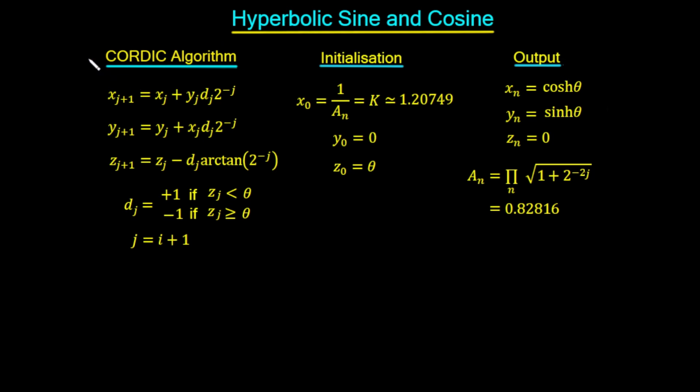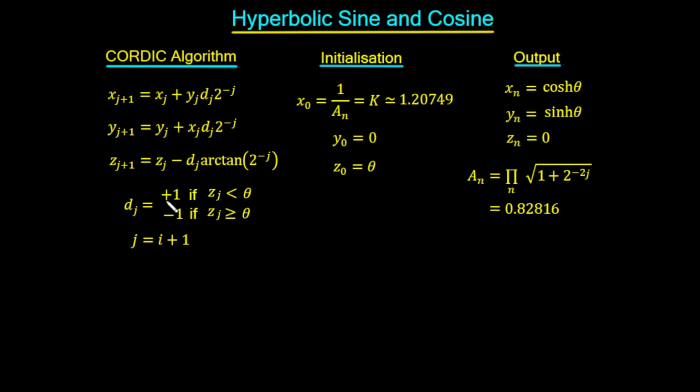So we have the CORDIC algorithm, the initialization and the output. The CORDIC algorithm is the same CORDIC algorithm that we've seen for the hyperbolics. The only difference is now we're using it in rotation mode. So we're now comparing the angles as opposed to comparing the lengths.